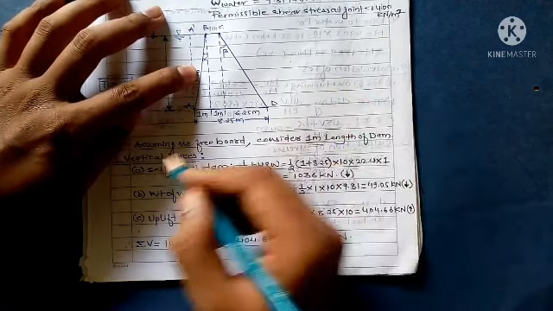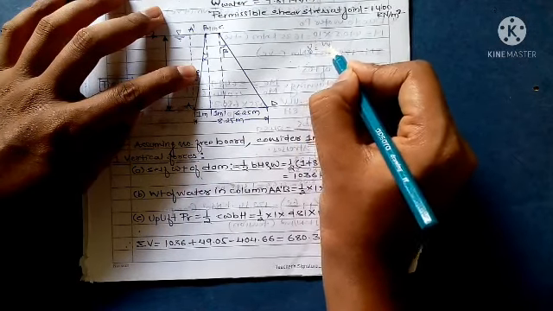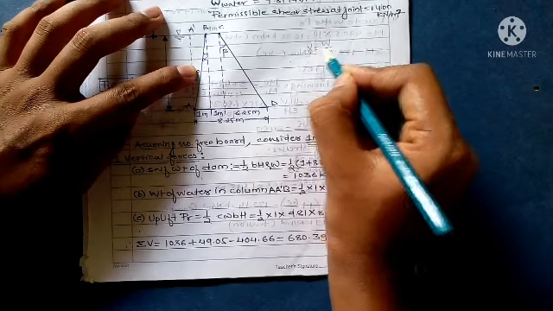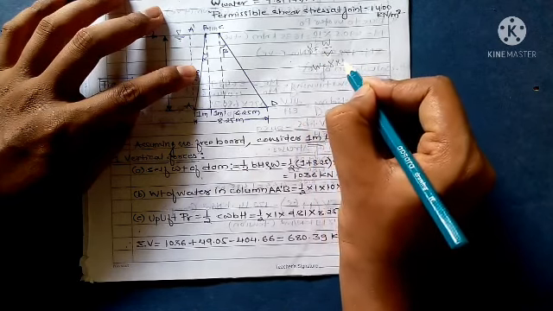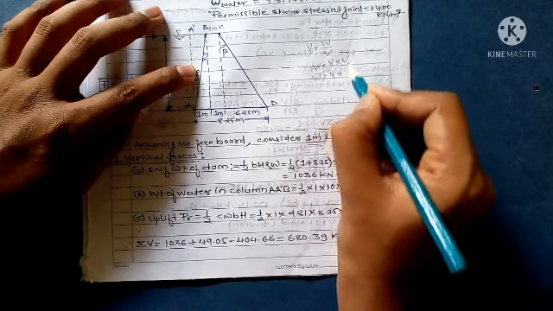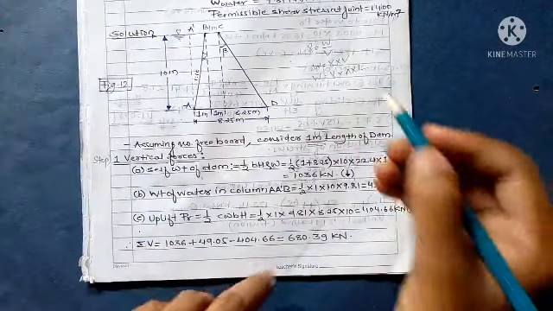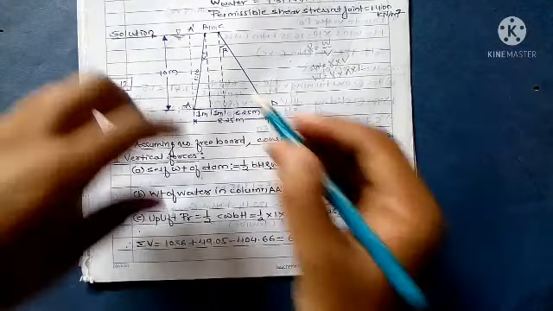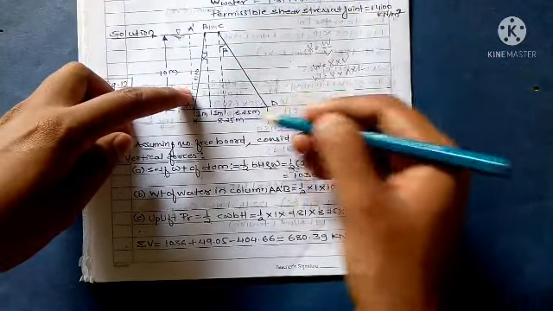we know that is specific gravity is equal to weight upon volume. So we want weight, so weight is equal to specific gravity into volume, and that volume is equal to area into length. So we write here area, that is area of this dam.